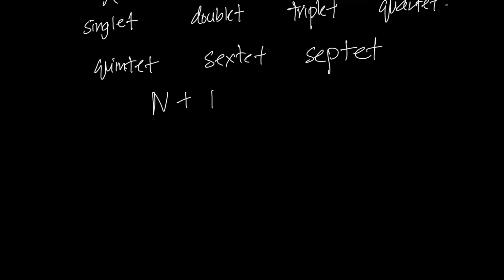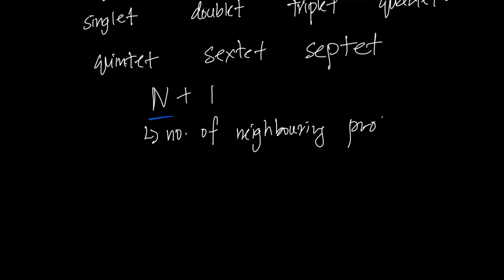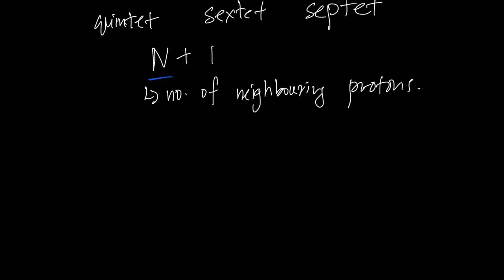For Proton NMR, the definition of n is the number of neighboring protons, n plus 1. So maybe we look at some examples.